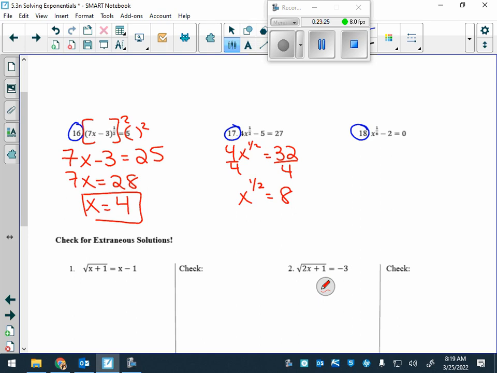Then what? Square both sides. X equals 64. Awesome. Then number 18 is x equals 64, which is correct. How many of you did get that one correct? Okay. Any questions on any of these? Yeah, please.